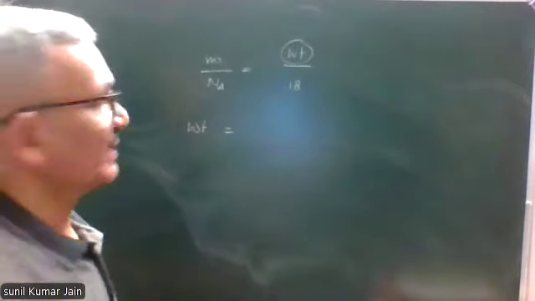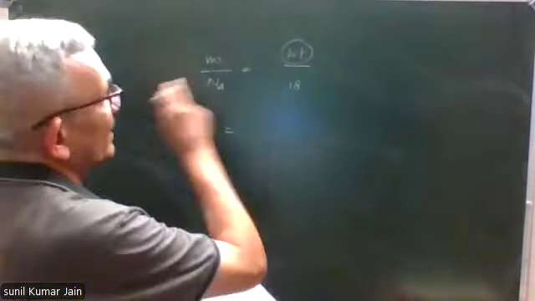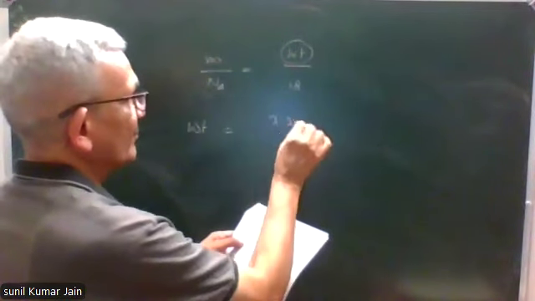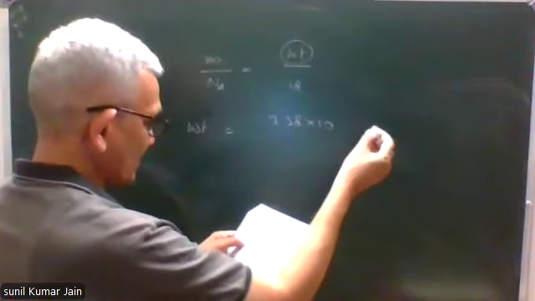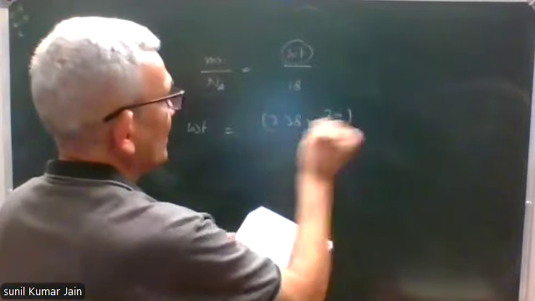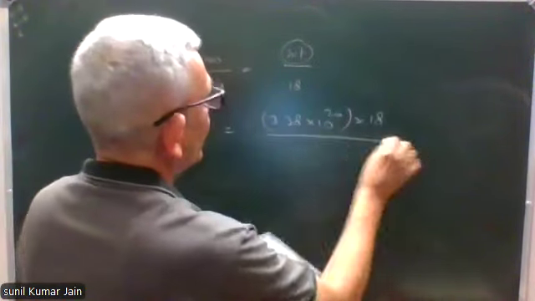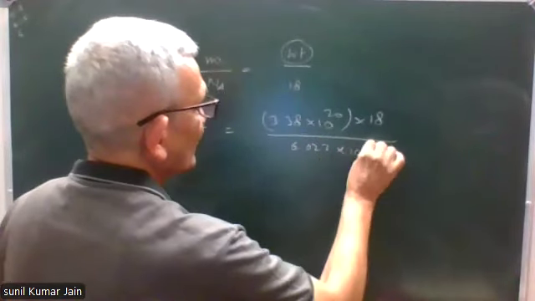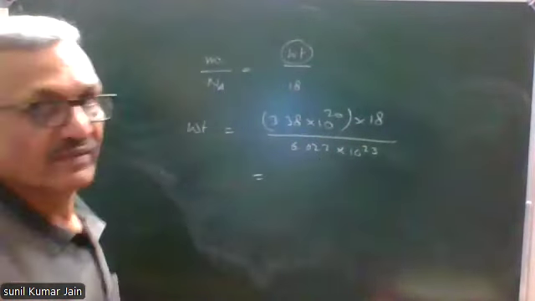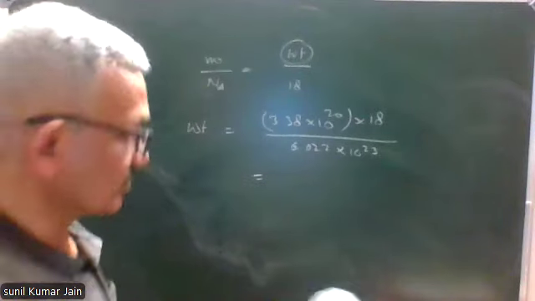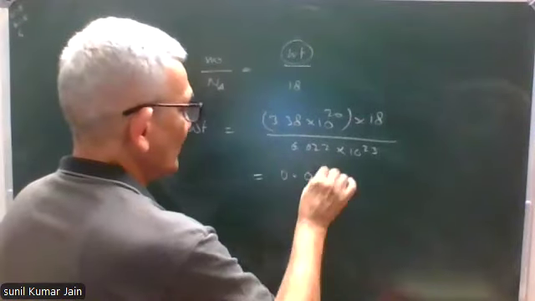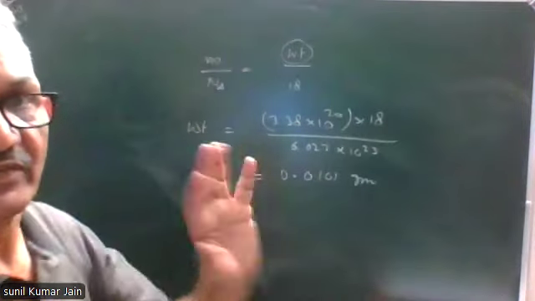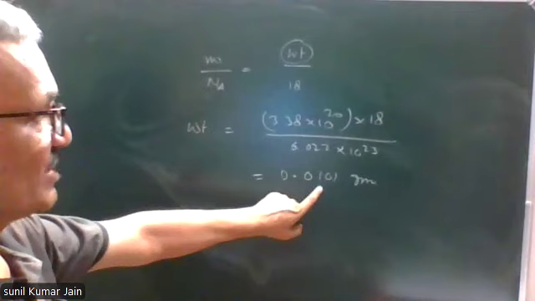Weight of given number of molecules will be number, that is 3.38 into 10 to the power 20, into 18, divided by Avogadro's number. When we calculate, this will come out to 0.0101 gram.